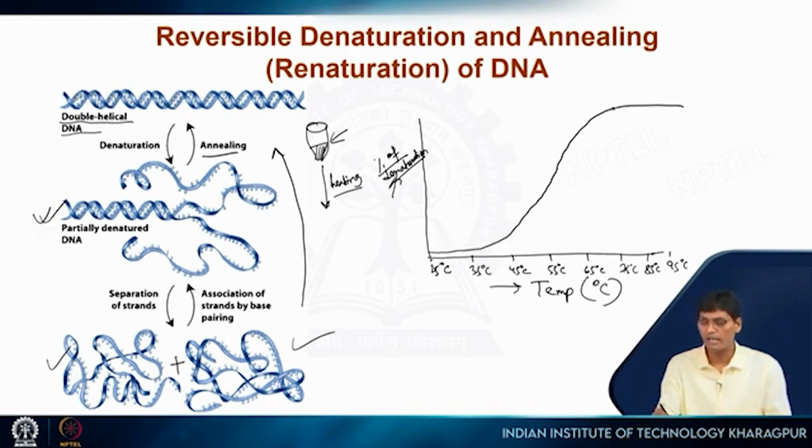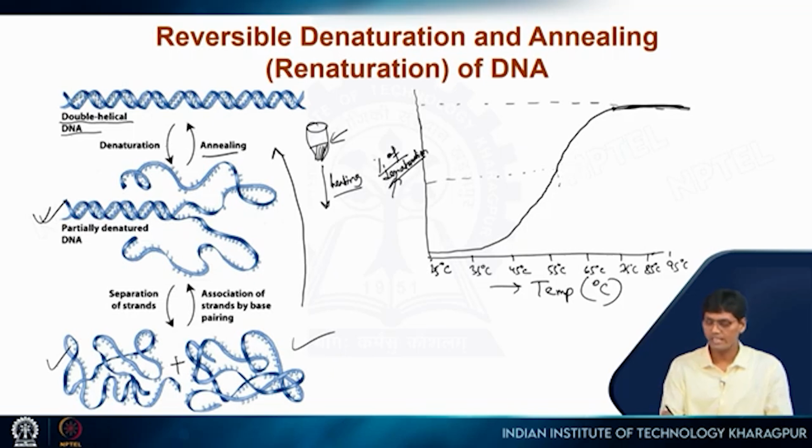So here, all hydrogen bonds are broken and now the DNA is in its single-stranded form. That's why you can see it is not going up anymore. So this is the maximum denaturation. This is called the denaturation curve. Here is the maximum denaturation, and this is the 50% denaturation.